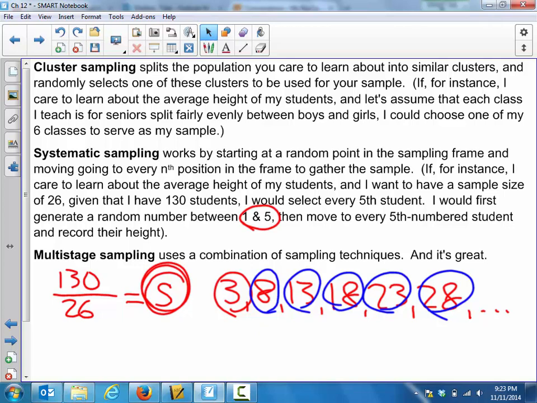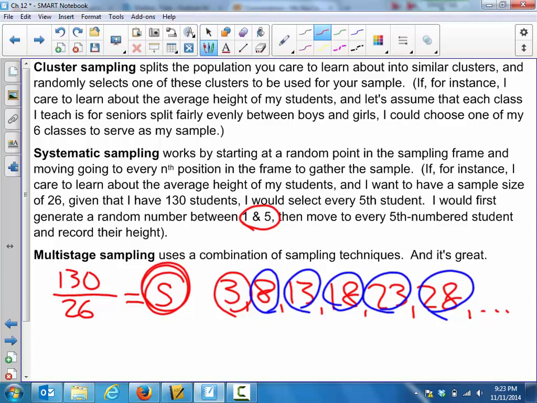So that's a fair way to sample, because anyone can be included in this survey. If I had chosen 1, Quinn, then the 6th, the 11th, the 16th, the 21st, the 26th, and so on would have been included in my sample. If I'd chosen 2, I would have gone 2, 7, 12, 17, 22, and so on.